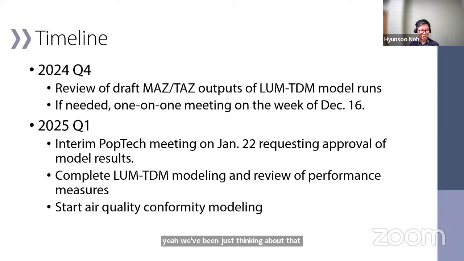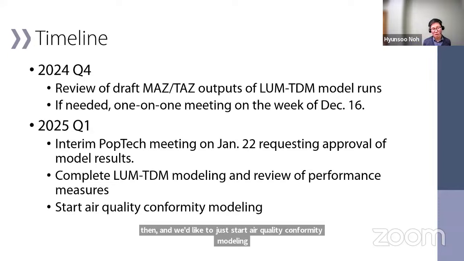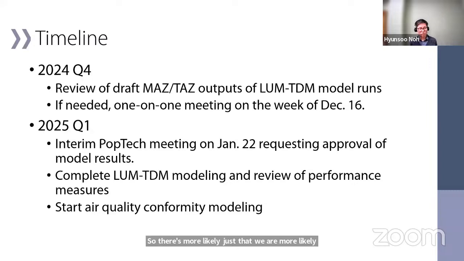We appreciate your effort, but at least we'd like to share our modeling output, and then we'd like to start air quality conformity modeling. So the schedule is really back to back, and the final deadline for this RMAP exercise is getting approval by the May Regional Council.